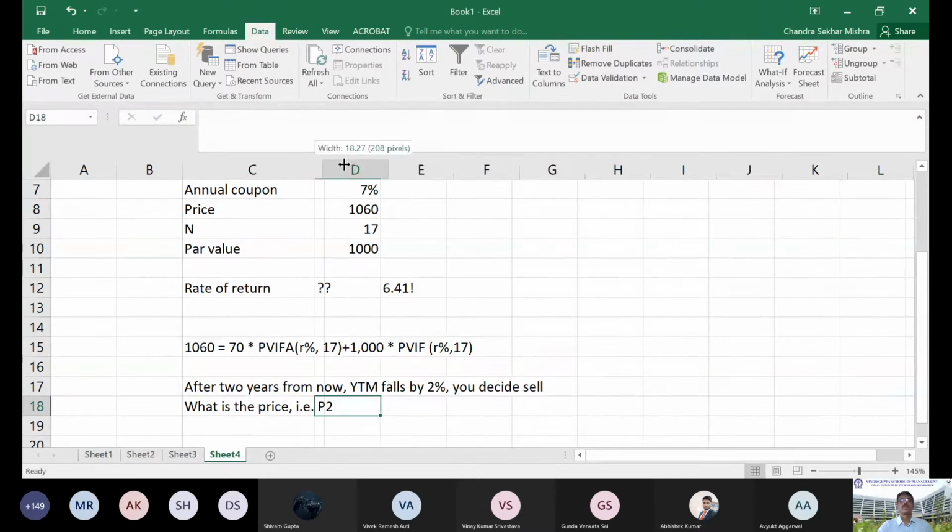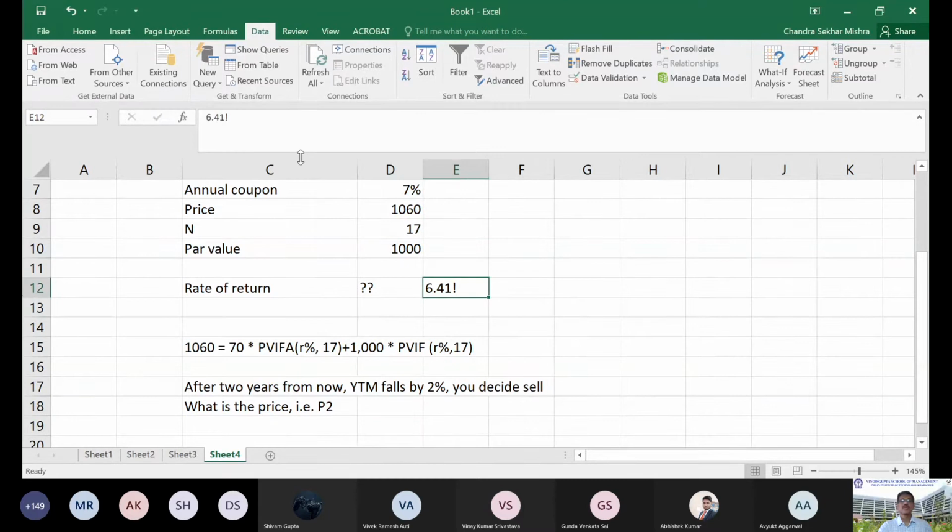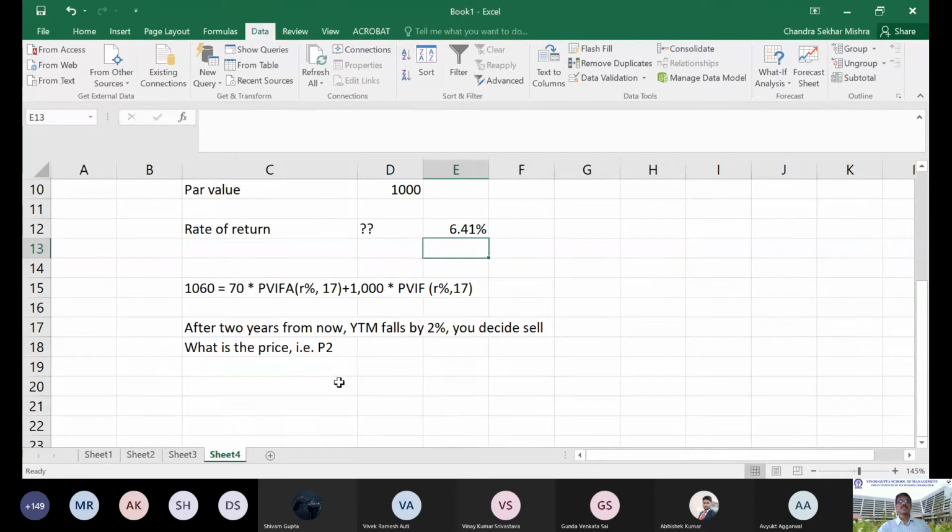How do you go about this? How would you go about this one? It is very easy to find out the price now. What is the price then? PV. What is my coupon? What is my rate of interest?